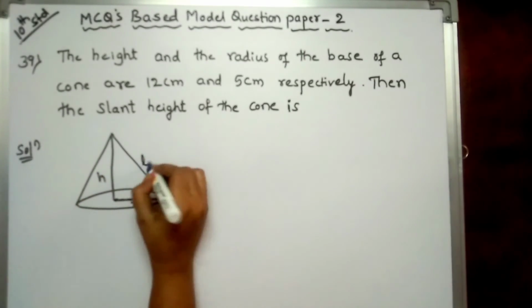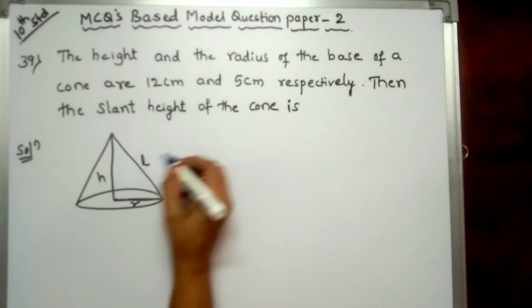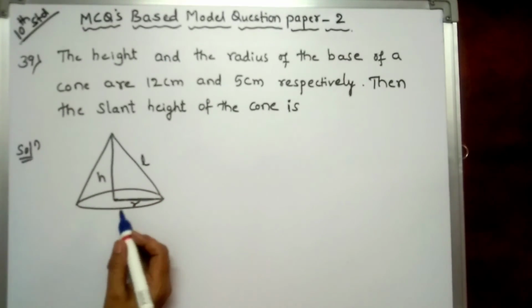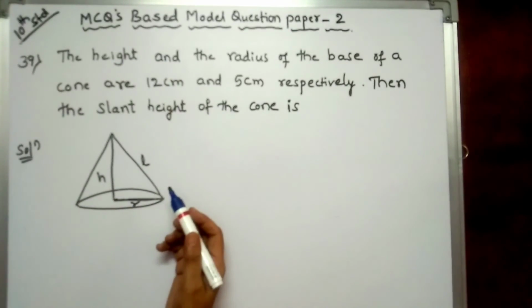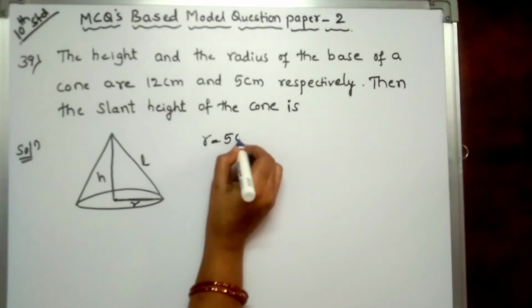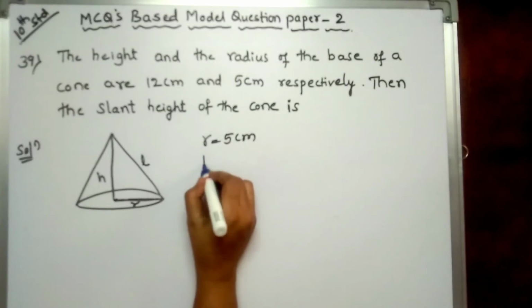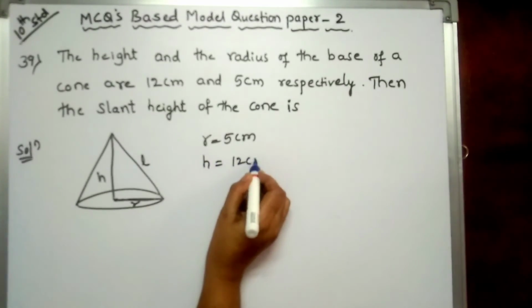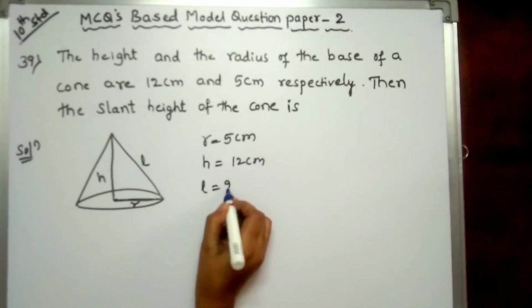So slant height is this one. The radius is 5 centimeter and height is equal to 12 centimeter. Then L is equal to question mark.